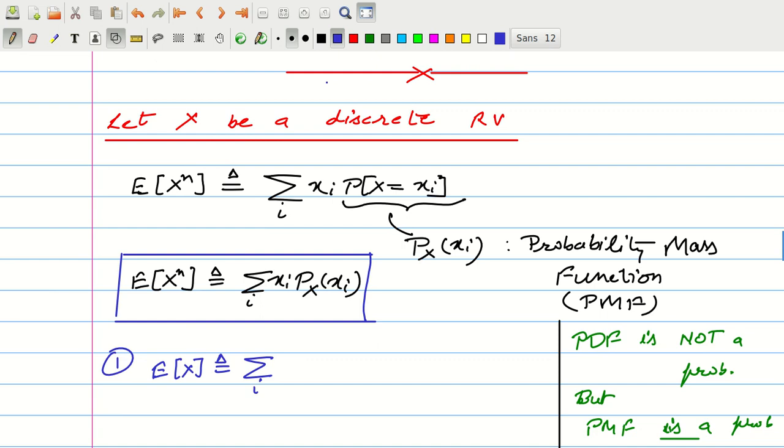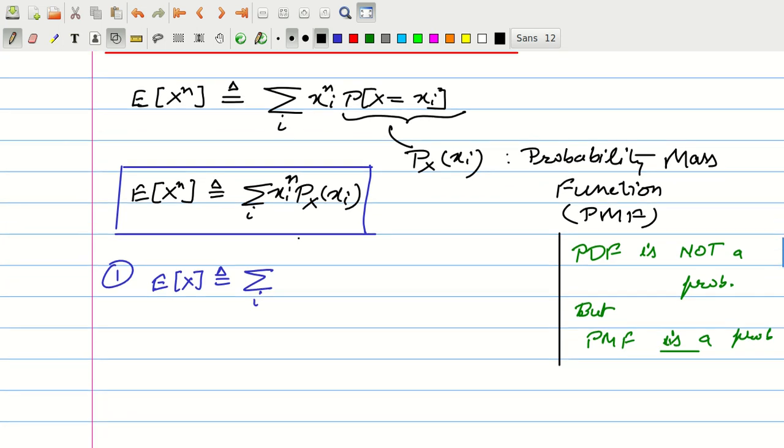I should make a correction here. The nth moment is summation over all i of xi to the power n px of xi, and when n is equal to 1, it becomes summation over all i of xi px of xi, also called x bar or mu x or mu.